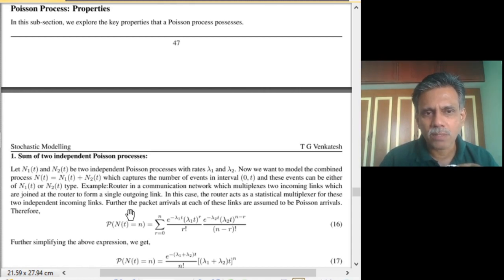First of all, these two processes are independent. Therefore, even within one process, the number of arrivals in a former interval is not going to affect the number of arrivals in a later one. This is independently true for each process, and because they are independent, the number of arrivals because of n1 in one interval is not going to affect n1 or n2 in the later interval, and therefore independence is guaranteed.